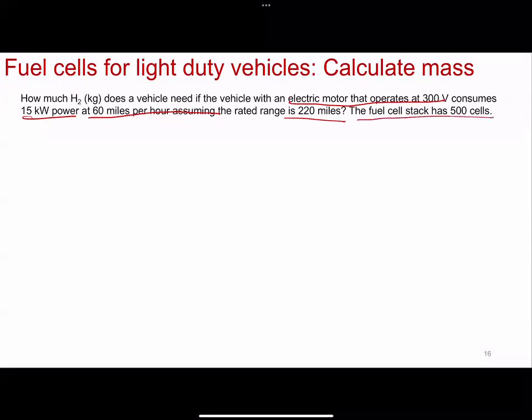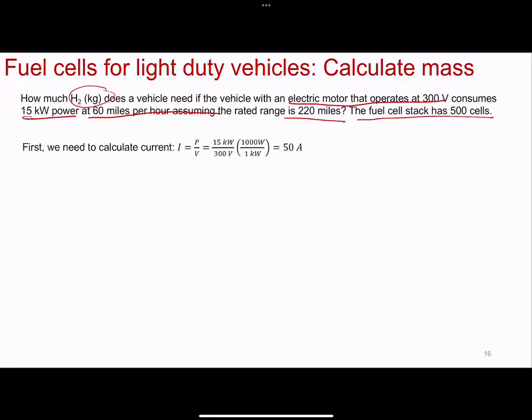Okay. And let's say your fuel cell stack has 500 cells, right? That's pretty typical. So the question is, how much hydrogen in kilograms are you going to need to put in your vehicle? And what fraction of your vehicle's weight is that going to be? That's pretty important for vehicle design.